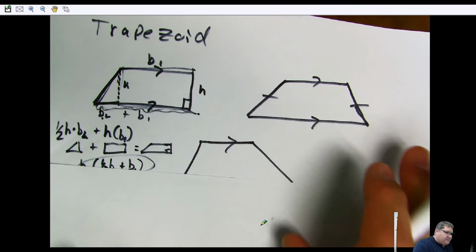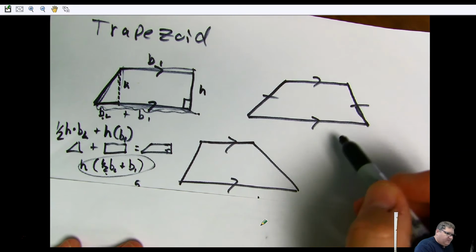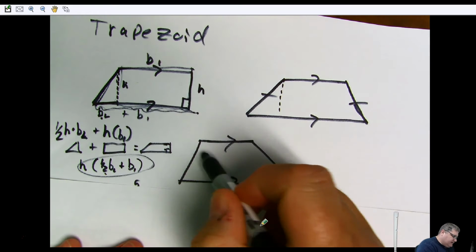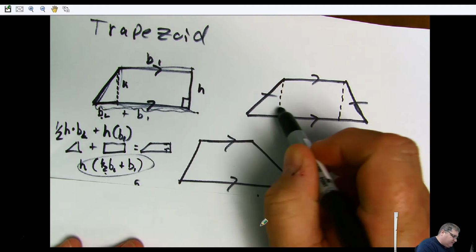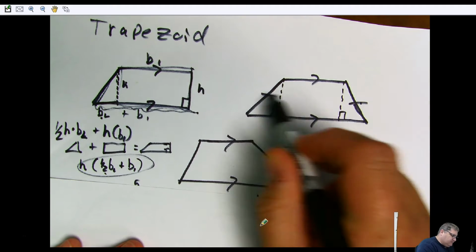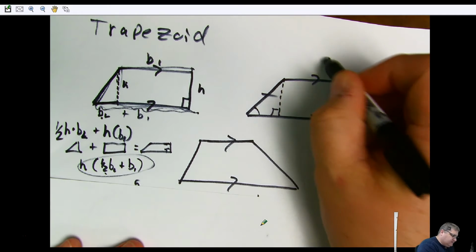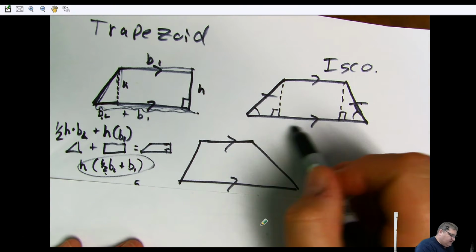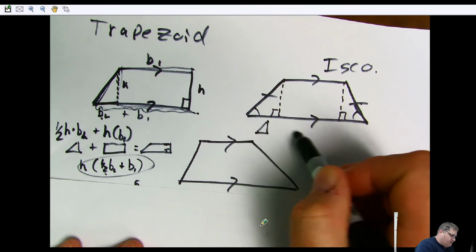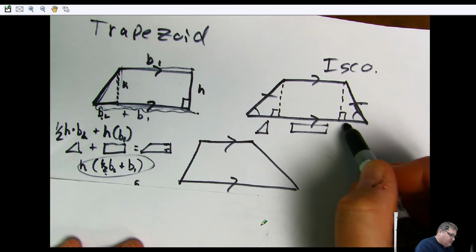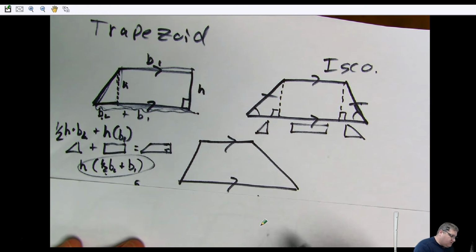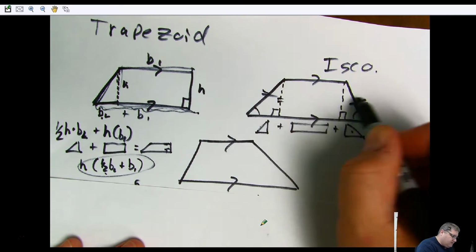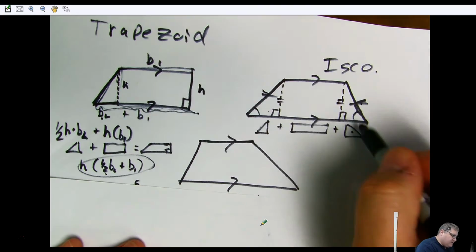Okay, now the other problem is what happens when I come over here and I try to do the same thing with something that has triangles on both ends. Now, if these two are the same, that means these angles are the same, means this is an isosceles trapezoid. The good news here is I would have a triangle plus a rectangle plus another triangle, and that's all cool because these two triangles are congruent and would go together.